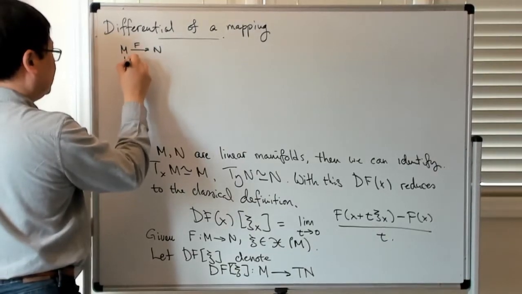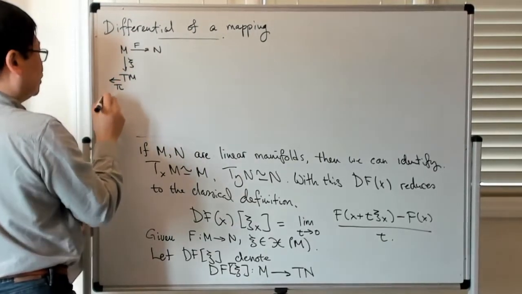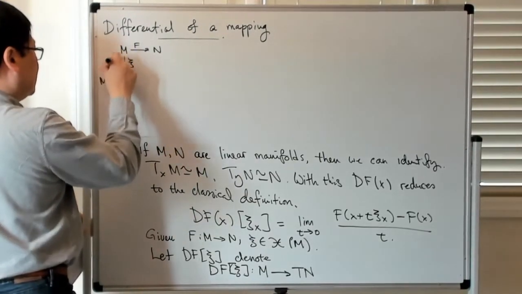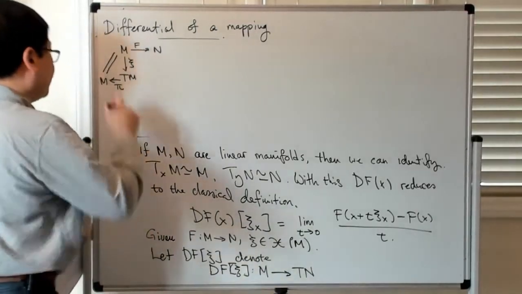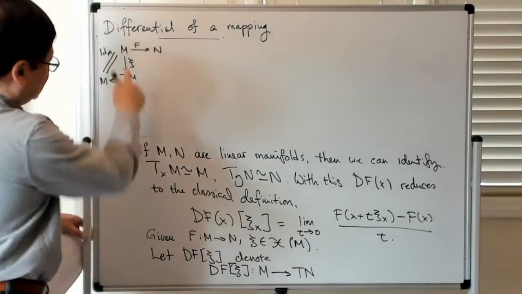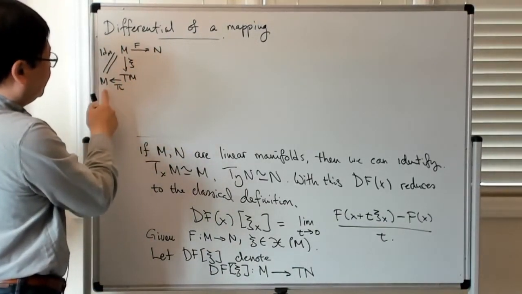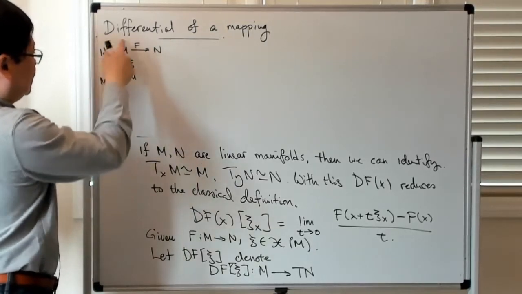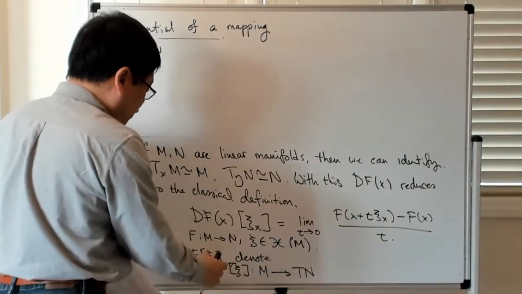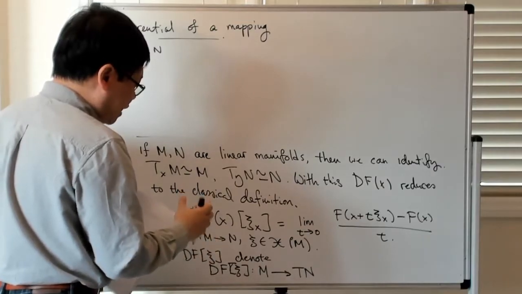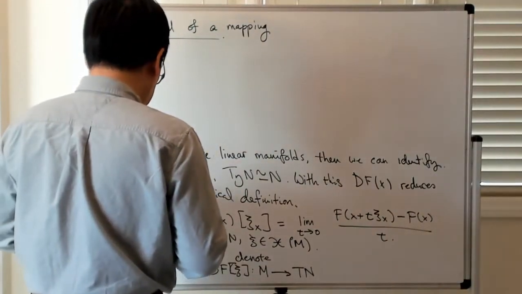We have a vector field, M to TM, and if you recall, there's this idea of a projection to M, and then this is the identity mapping on M. This is what is meant for this to be a vector field: it maps M to TM with the property that we can compose that map with the projection and get the identity map here. So what you want to think of is the differential of this map f as mapping vector fields to vector fields. That's basically what's going to happen here.